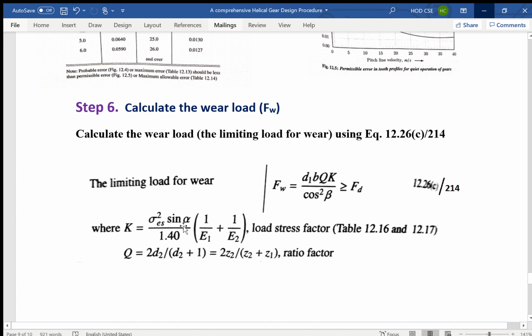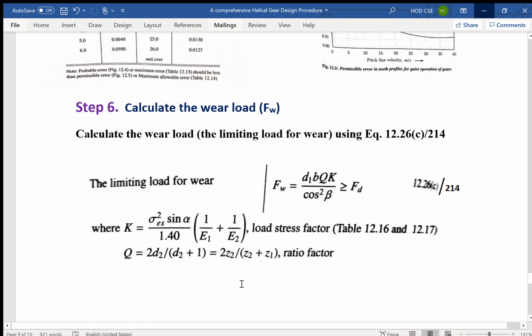K is the load stress factor, equal to sigma A square sin alpha by 1.40 into 1 divided by E1 plus 1 divided by E2. E1 and E2 are the moduli of elasticity for pinion and gear materials respectively. Q is equal to 2d2 by d2 plus d1, that's equal to 2 z2 by z2 plus z1.